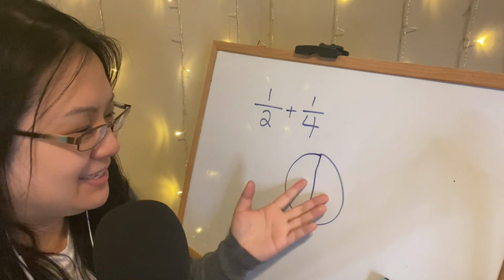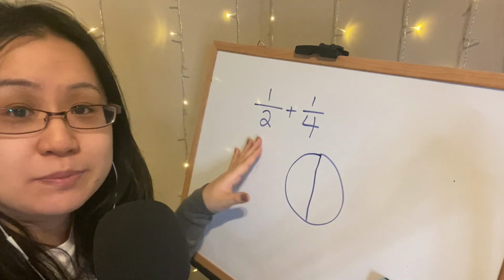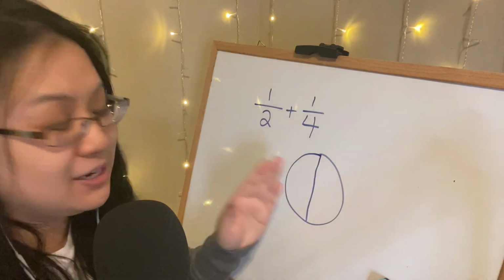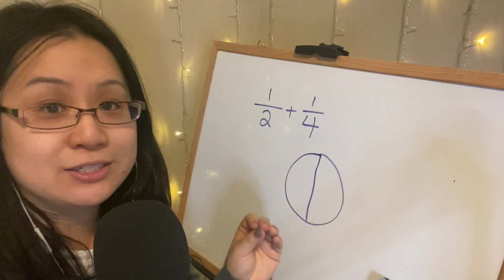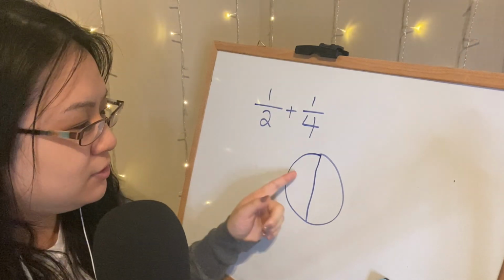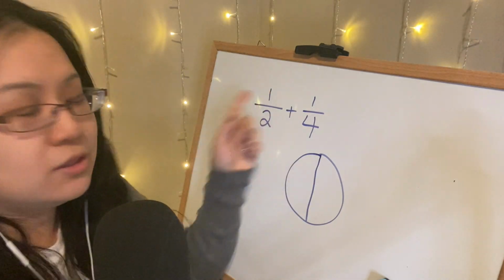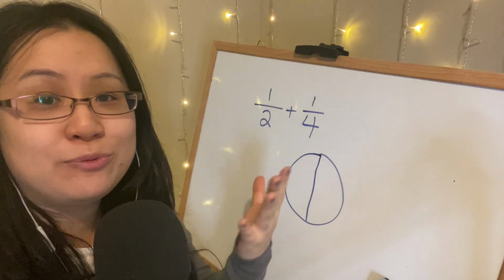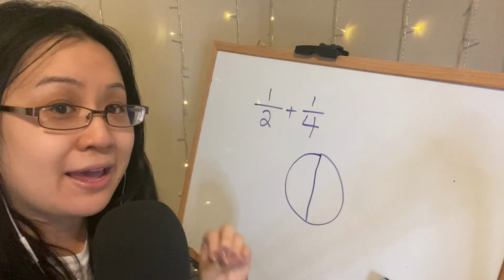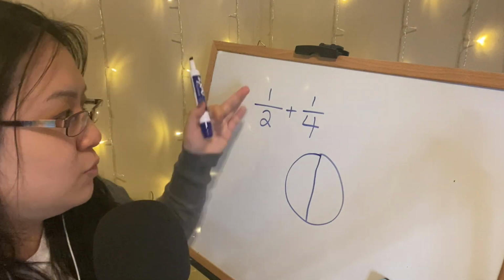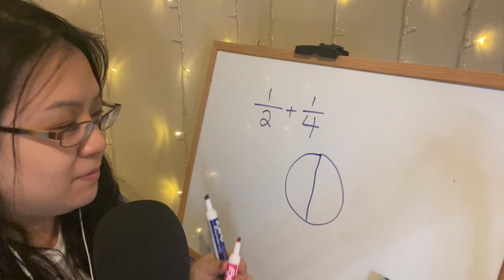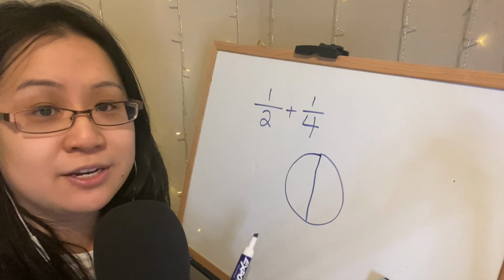They should be the same. And so the bottom number tells me how many equal pieces I should cut my whole into. So in this case, 2. 1, 2. The top number tells me how many of those pieces I have, like, am I going to shade in? So one of these two is what I'm going to shade to represent 1/2.